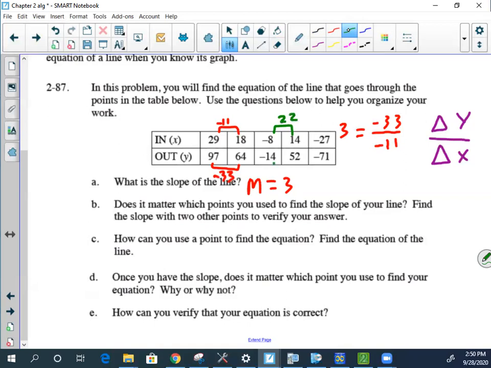And from negative 14 to 52, that goes up by 66. If I do 66 divided by 22, I will once again get m equals 3. So it doesn't matter what points we use when we are choosing.